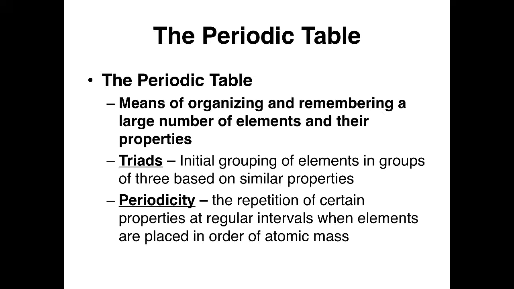And what periodicity means is that there's a repetition of certain properties at regular intervals. It's sort of like in music, every 8 notes represents a scale, and then the next note is related to the note that is 8 notes down from it in a certain way. Similarly, it was found that there were elements that were related to each other in properties in regular intervals.